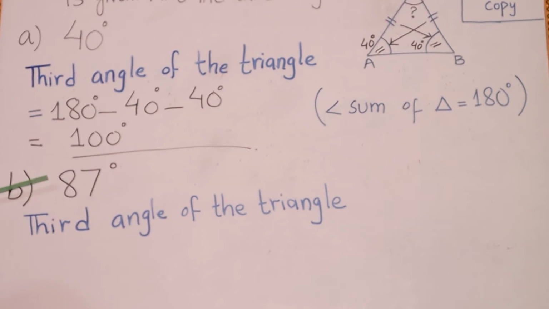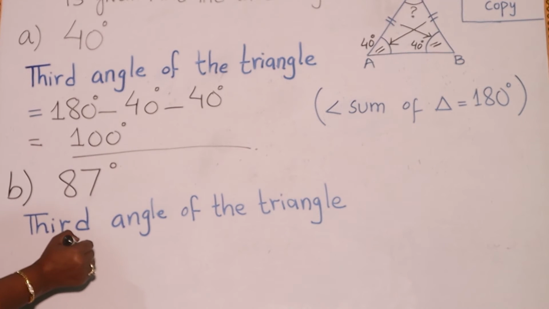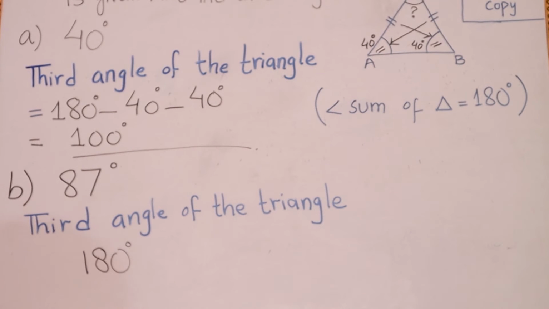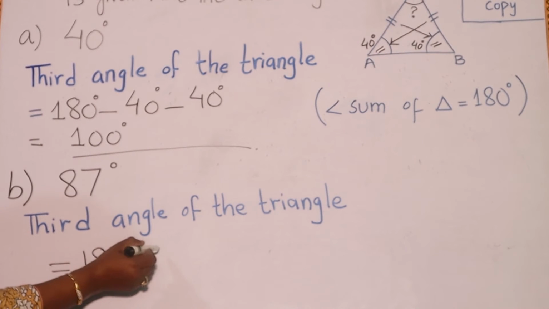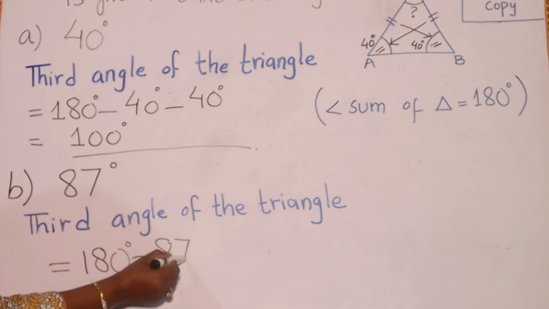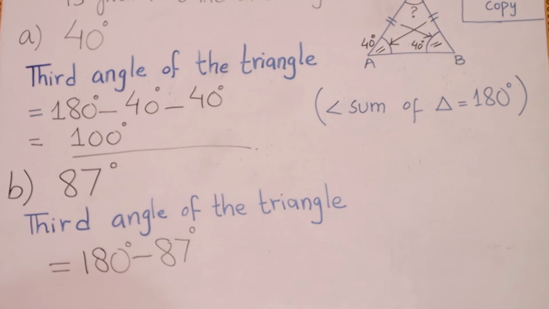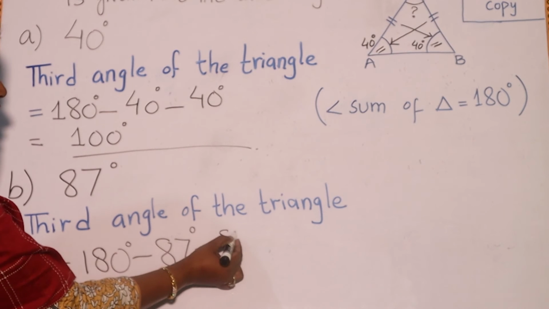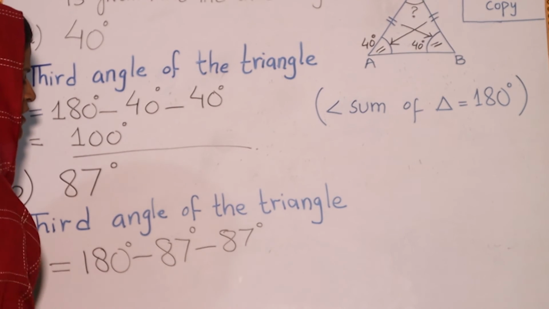Part B, 87 degrees. By using the rule that the sum of angles of a triangle is equal to 180 degrees, we can find the third angle by subtracting the base angle 87 from 180 degrees. So 180 minus the first base angle 87 degrees minus the second base angle 87 degrees.